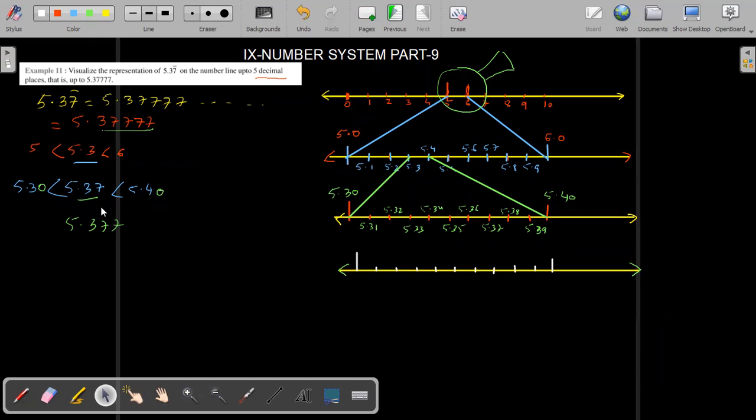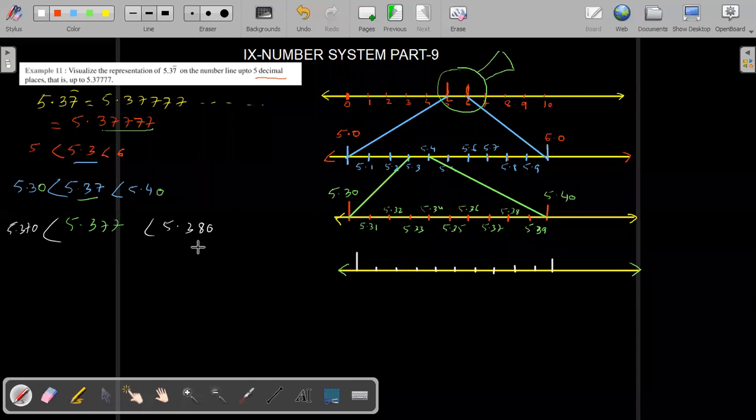Now 5.377 we have to represent. Here you have 5.37 and 5.38. So obviously 5.370 and 5.380. 5.377 will be between 5.370 and 5.380. So we will take 5.37 and 5.38.